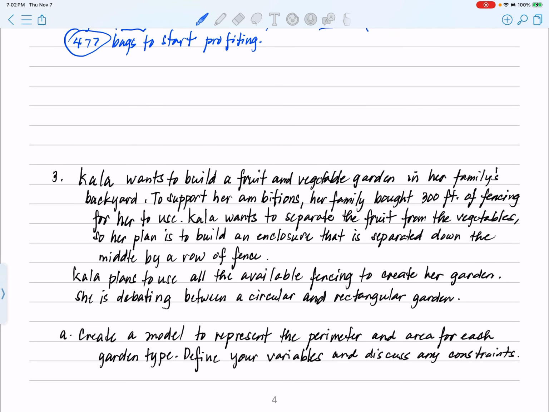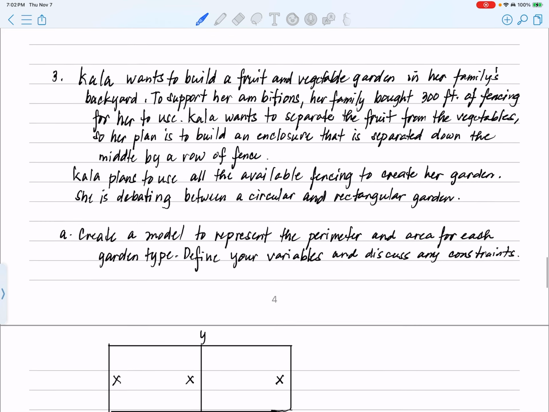Kala wants to build a fruit and vegetable garden in her family's backyard. To support her ambitions, her family bought 300 feet of fencing for her to use. Kala wants to separate the fruit from the vegetables.